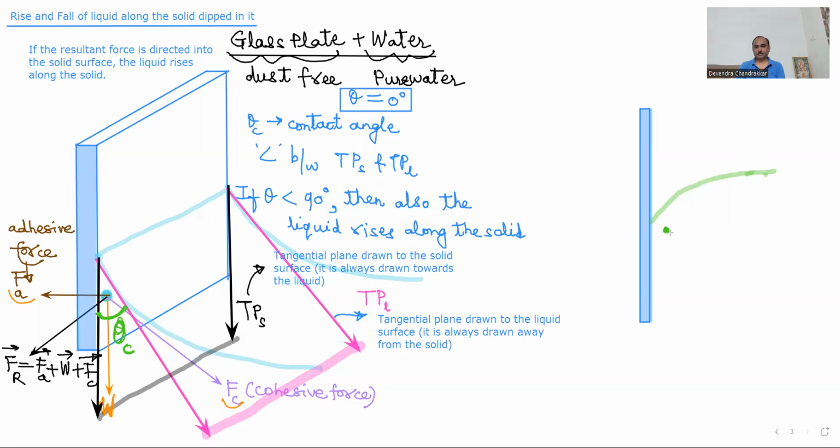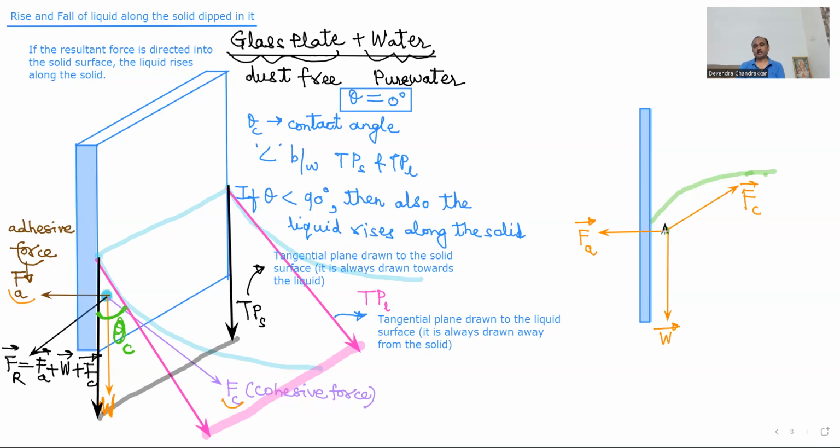First force is its weight. Second is the force of adhesion because of the solid molecule. And the third force is the force of cohesion. So this is Fa, this is weight, and this is force of cohesion.